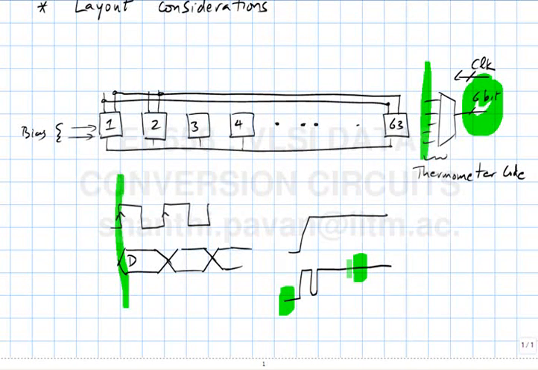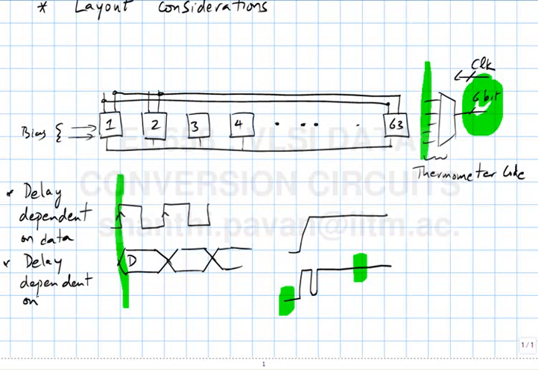Is it acceptable or is it not acceptable to go and drive the current sources directly? It's not acceptable. Doing this directly has problems like delay dependent on data, delay dependent on location in the array.